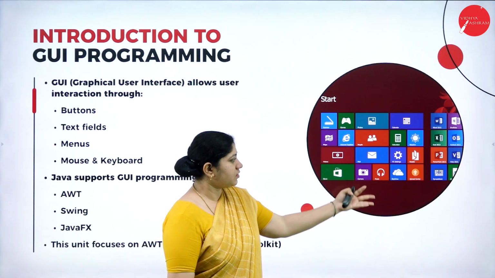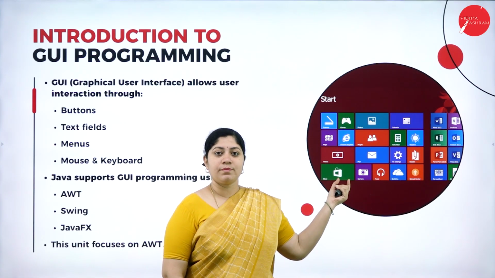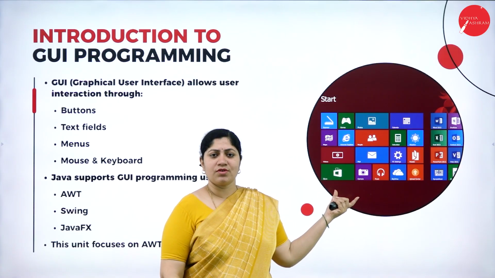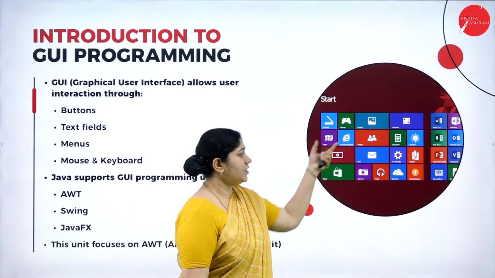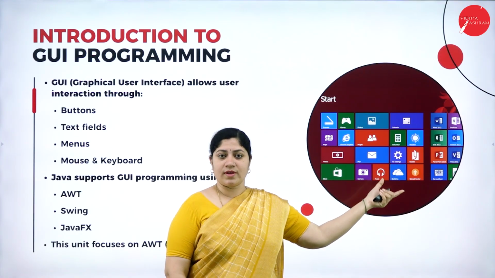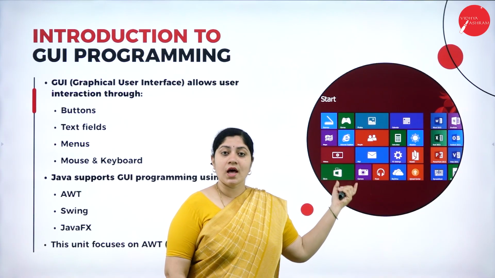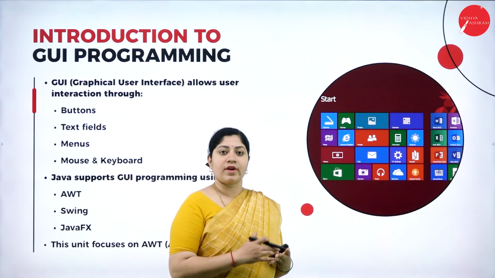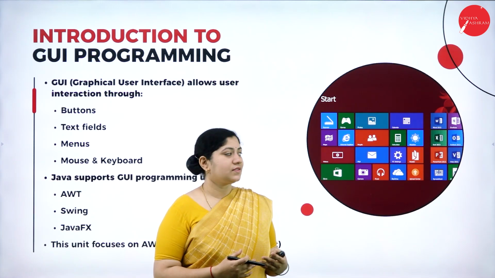So let's see here. This is a basic Windows icon that will be present in your systems, right? Whenever you click on the Windows button, we can see multiple windows all together, correct? Now these icons will allow the users to interact in an efficient manner, right?